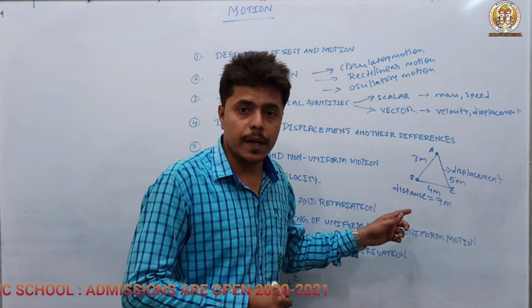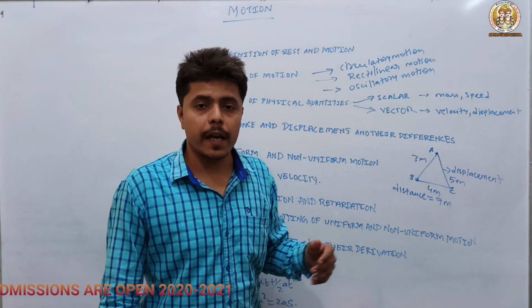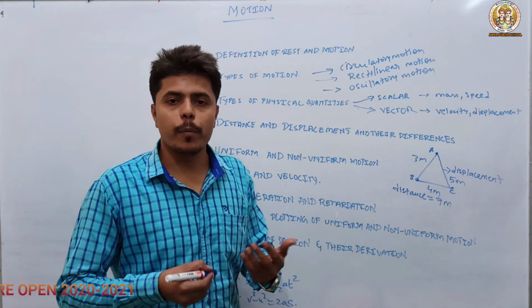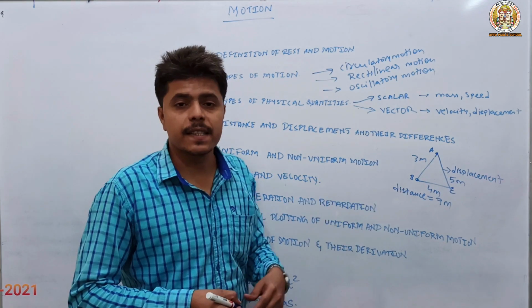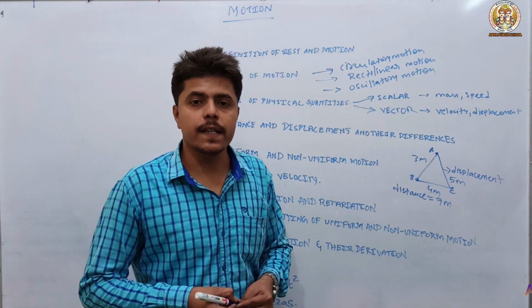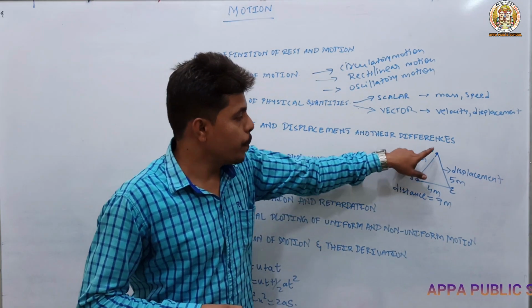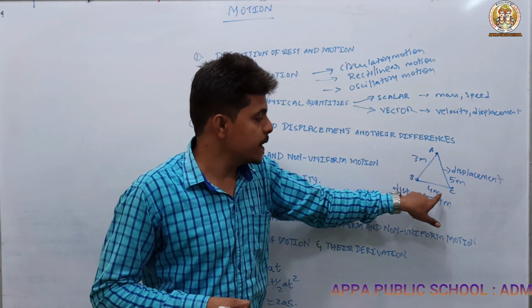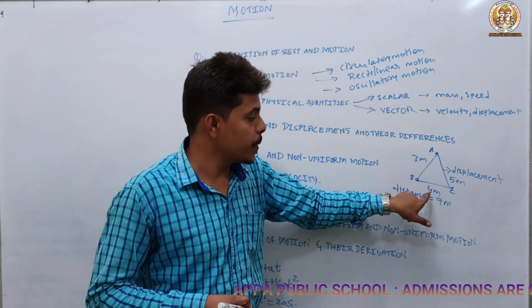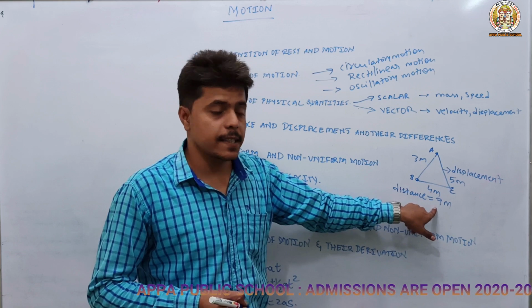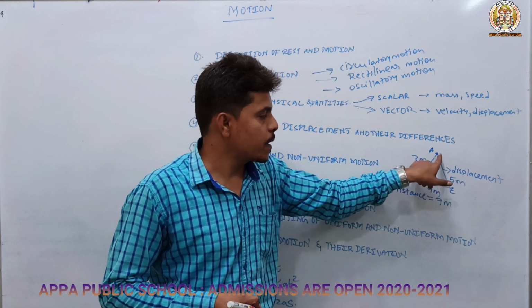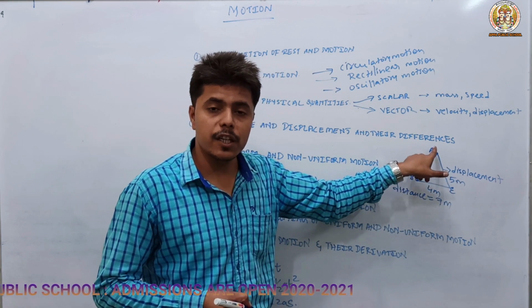So we came across one example of what distance is and what displacement is, and this is one of the best examples. A to B is distance, B to C is distance, 3 meter plus 4 meter, 7 meter is the distance, and the displacement is the shortest distance between A to C, from initial to final point.